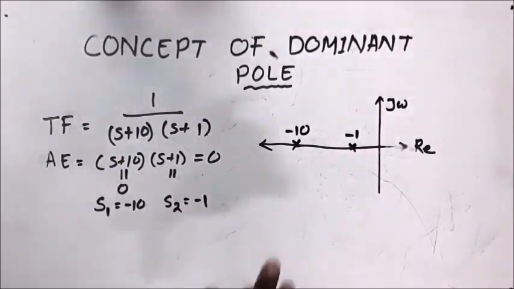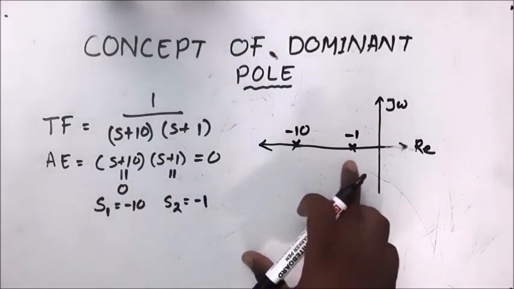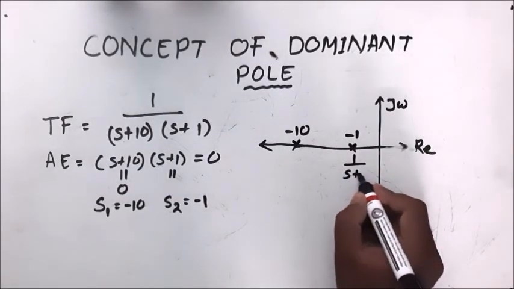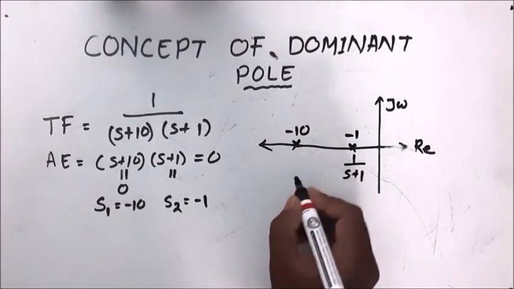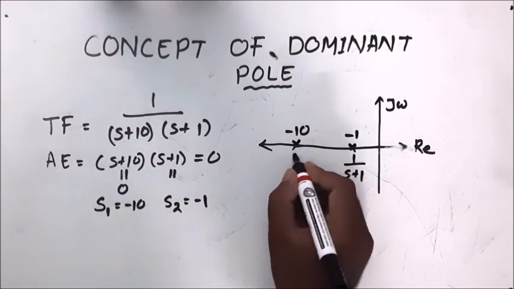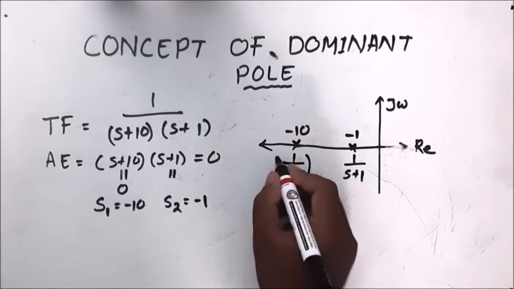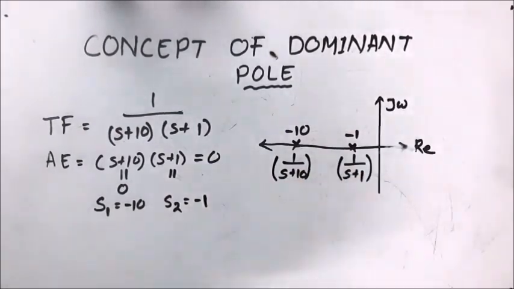Clear? This minus 1 corresponds to 1 by (s plus 1), and this minus 10 pole corresponds to 1 divided by (s plus 10). Everybody clear about this?